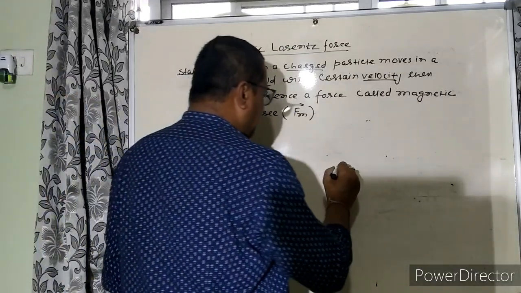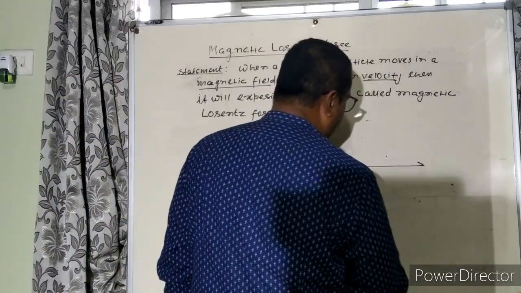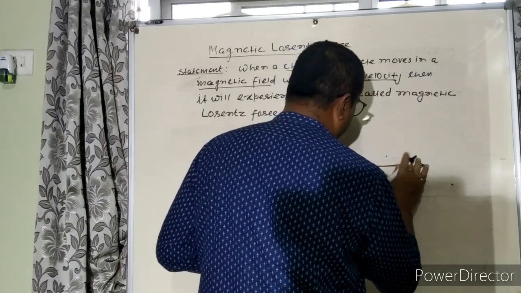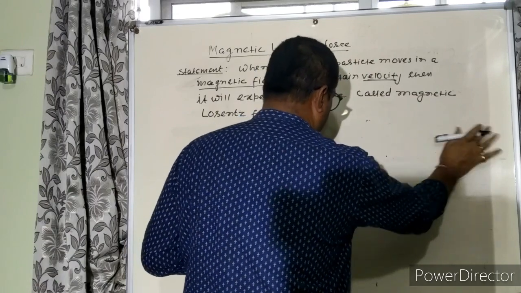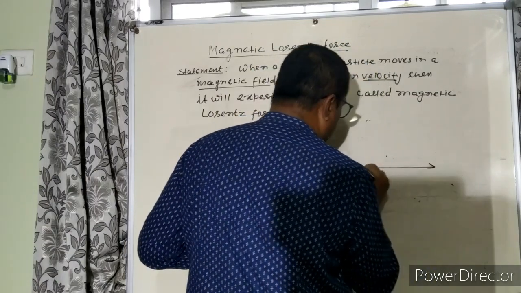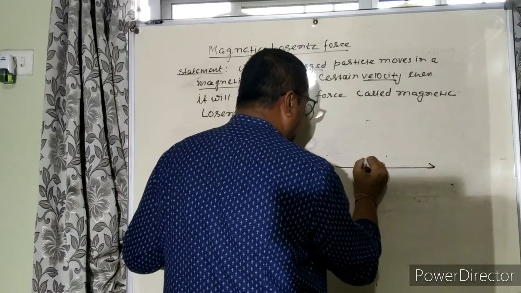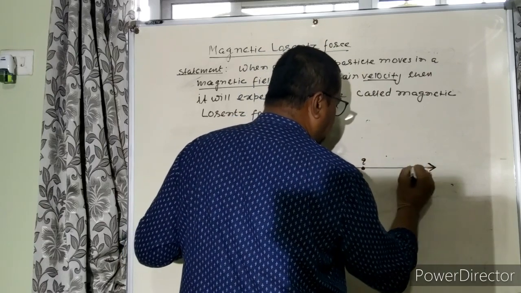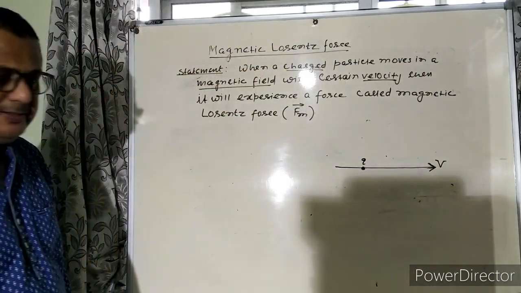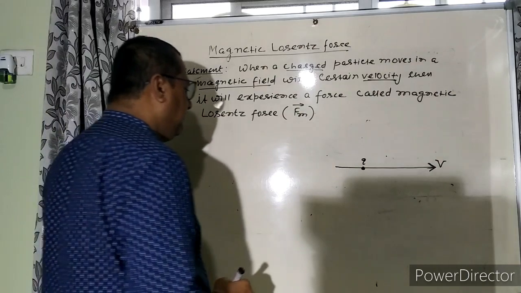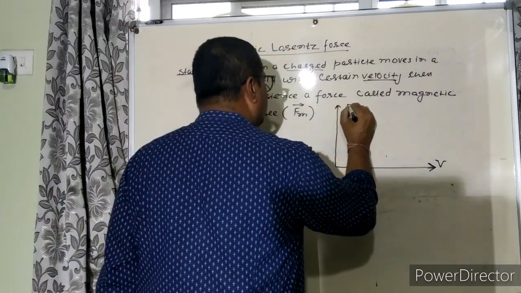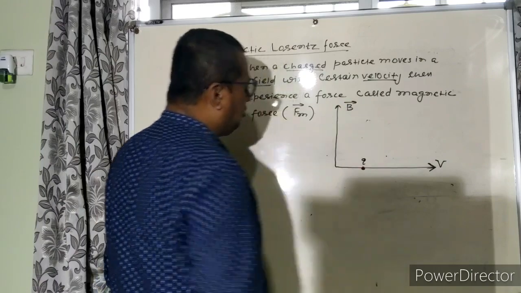Suppose this is the direction of the charged particle with velocity v, and this is the direction of magnetic field.